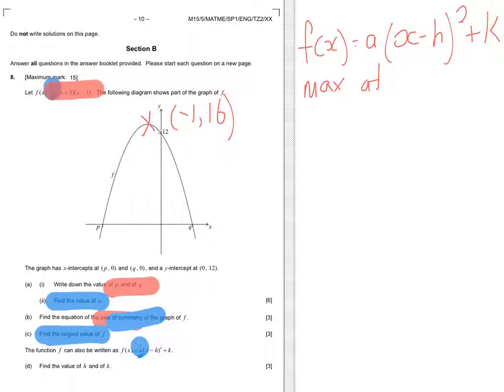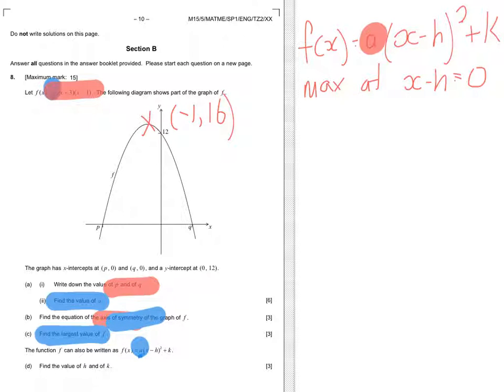We get our maximum when x minus h is 0. Because remembering that a is negative, this is negative. So the smallest value of x minus h squared is when x minus h is 0, because anything else that's been squared is going to be positive.